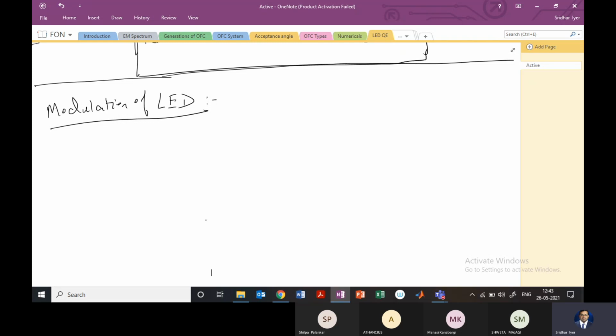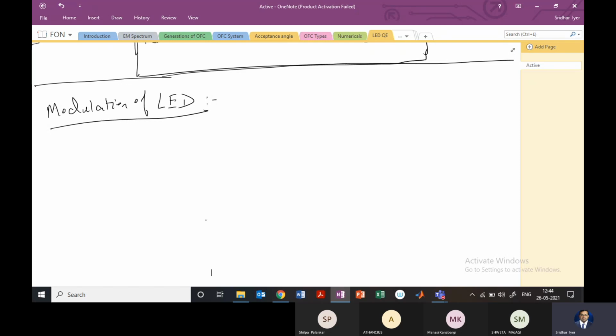Because ultimately your LED or the laser is going to convert the electrical signal into the corresponding light signal, and we need to modulate that, right? Because the frequency there is just going to be the same as what we have used for the baseband signal. So there has to be some method by which we should be able to modulate this light signal, because that is going to be the output of the LED and the laser as well.